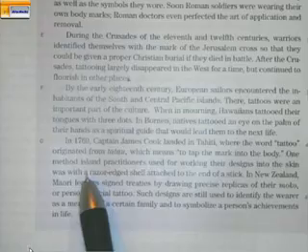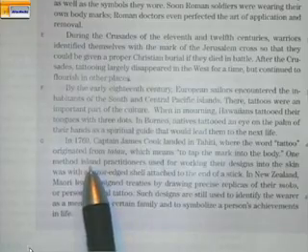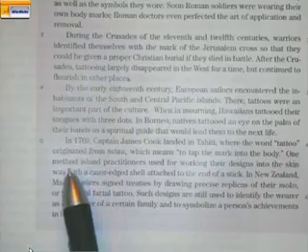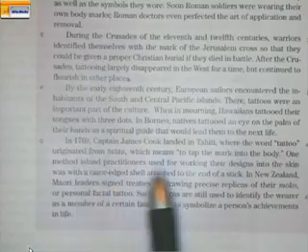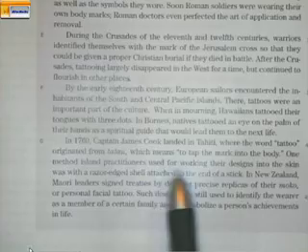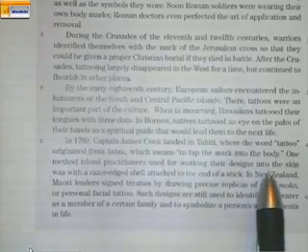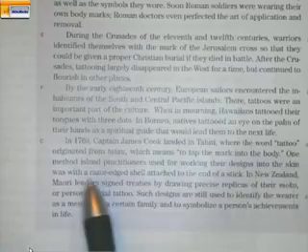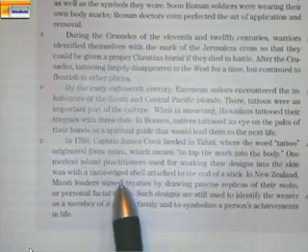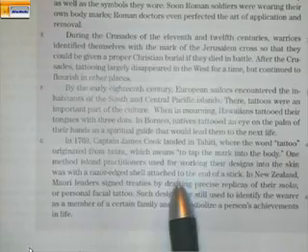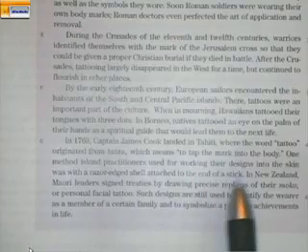One method island practitioners used for working their designs into the skin was with a razor-edged shell attached to the end of a stick.